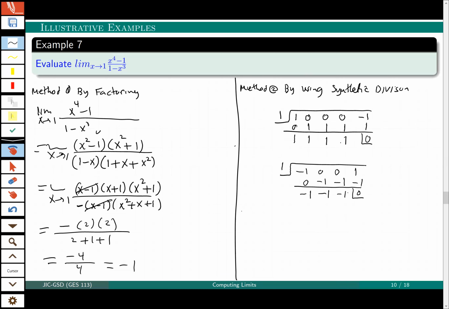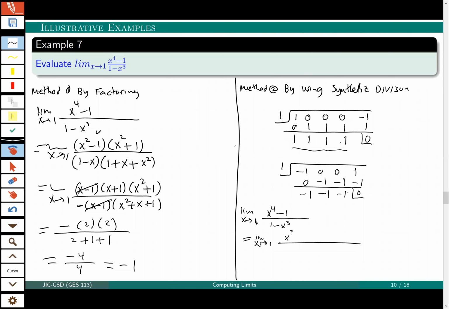So when I have the limit when x goes to 1 of x to the power 4 minus 1 divided by 1 minus x cubed, that is equal to the limit when x goes to 1 of, now, when I divide the first one, this is the result of the division. We decrease it 1 degree. It was degree 4, it will become degree 3.